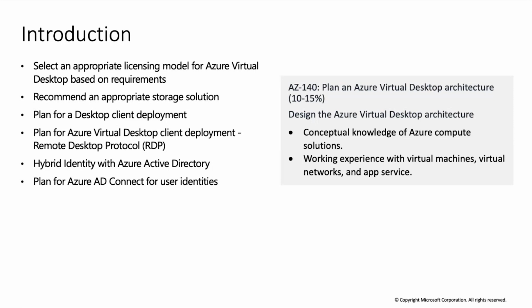So this particular lesson gives us a very clear understanding about managing the identities, setting the identities, and picking the right solutions, client deployments, RDPs, hybrid identity. That is one of the key areas, and planning for Azure AD Connect as well. So here it comes.